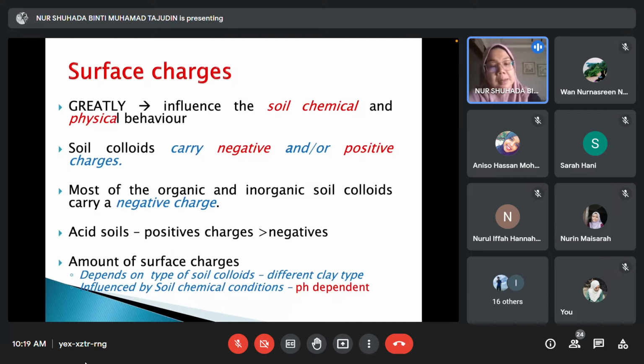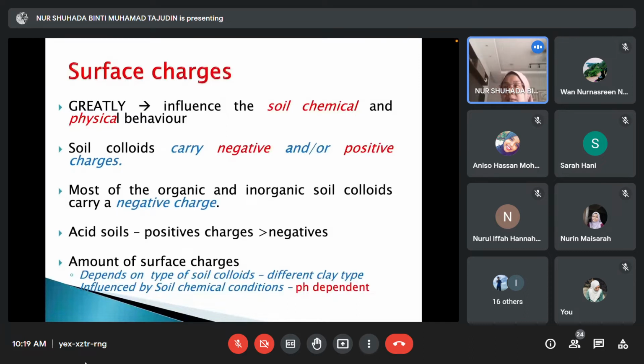Then we have acid soil, which should have more positive charges than negative charges. The amount of surface charge depends on the type of soil colloid. As I said just now, different types of clay influence the soil chemical conditions, because of the structure, the arrangement of layers in clay, which we will cover later. The structure layers determine the surface charges.